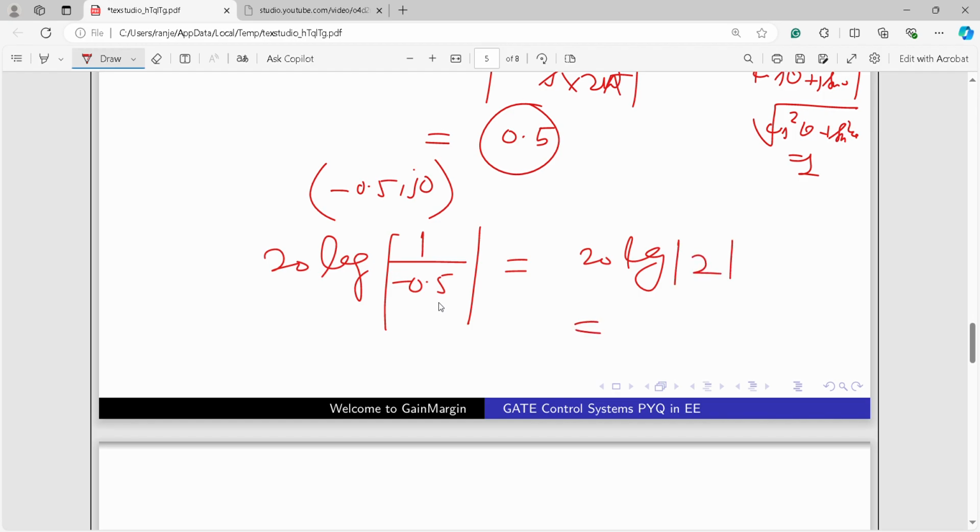So what is the value actually? I think this will be 6 dB. Let me calculate. So 20 into log 2, so this will be 6 dB.